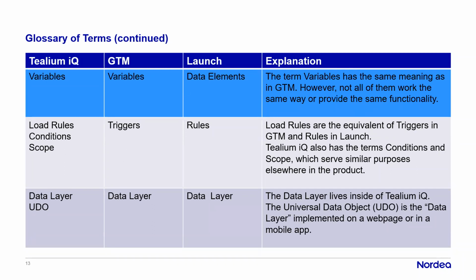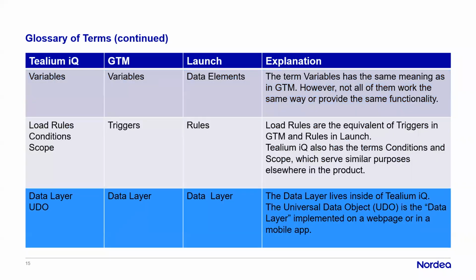I will get into that later, but what you need to know right now is that load rules are the rules that tell the tags to run on a page, or when an event occurs for that matter. And then, as the last item, I had some blue lines here. Let's skip to the last one here.